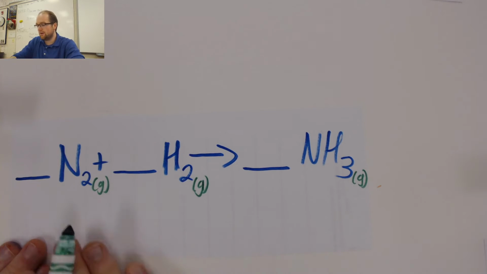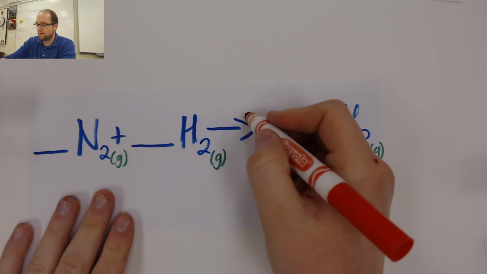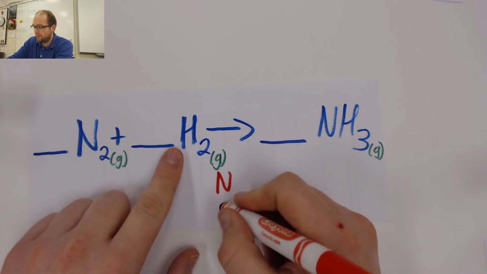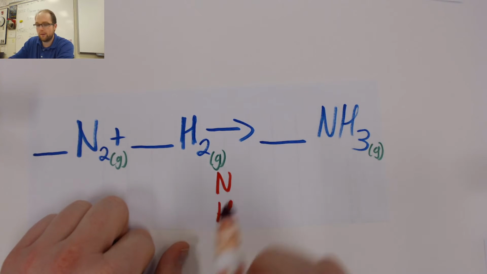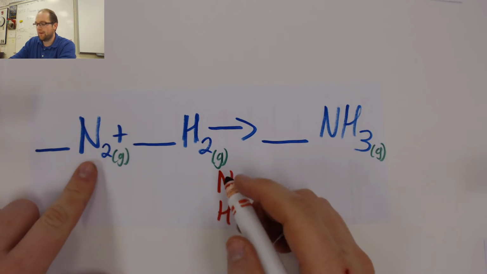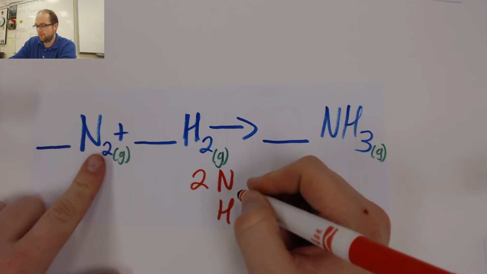So, this is still unbalanced. How do I know? Well, I can start to count up my elements. The easiest way I tend to write this is I start here in the center and write what elements I have. I have nitrogens and hydrogens. This is what's on both sides of my chemical equation. Right now on the left side I have 2 nitrogens because I have N2.